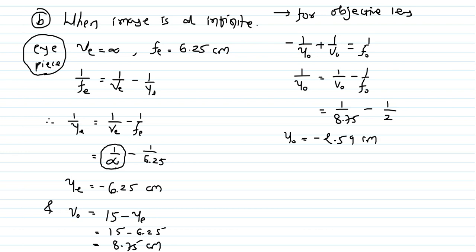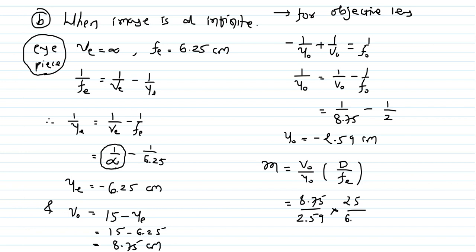Now the magnifying power M is equal to VO upon UO into D upon FE, that is 8.75 upon 2.59 into 25 upon 6.25. When you solve this, your answer will be 13.5. So the magnification is 13.5, right friends. So this is the solution.